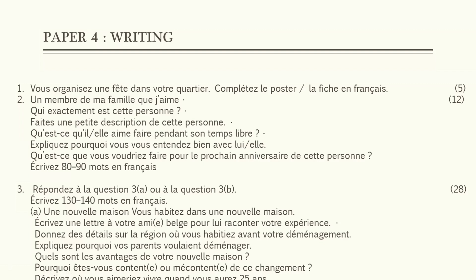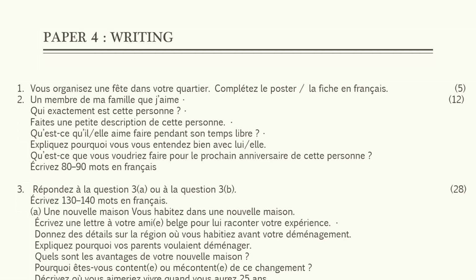When we prepare them, we give them these pointers as well for preparation. They can describe the person first, and say what he or she loves to do during free time, and whether they get along with that person, and why or why not.